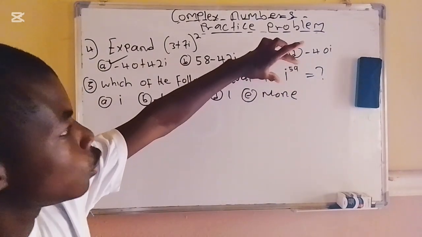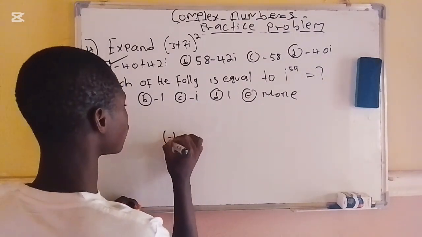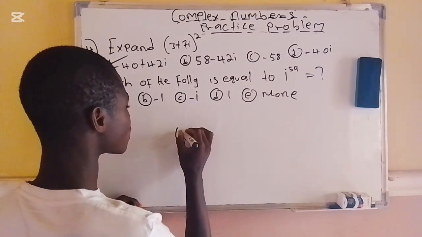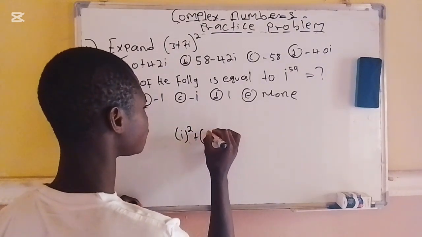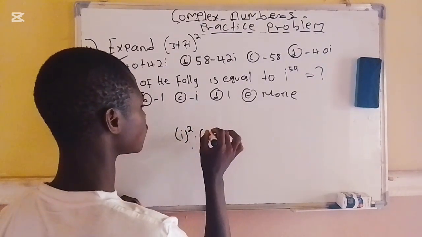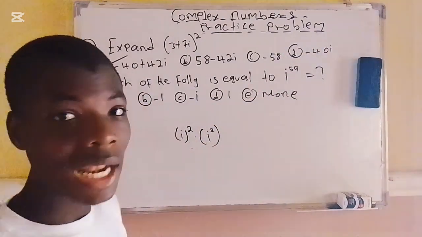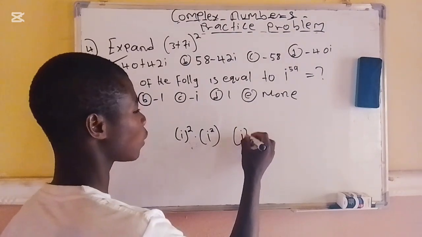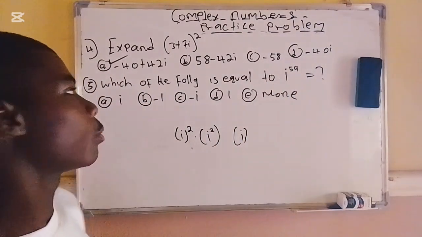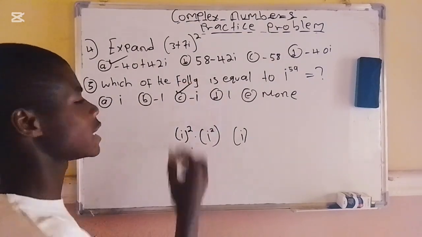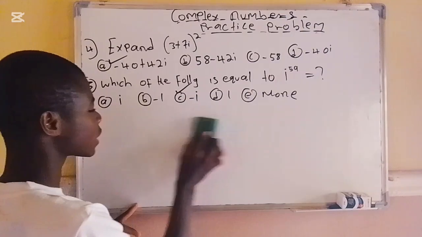If you multiply minus i squared by minus i squared up to 59, you will be left with only one i. Since this is an odd number, it will equal minus i. But we have to prove how it becomes like this.